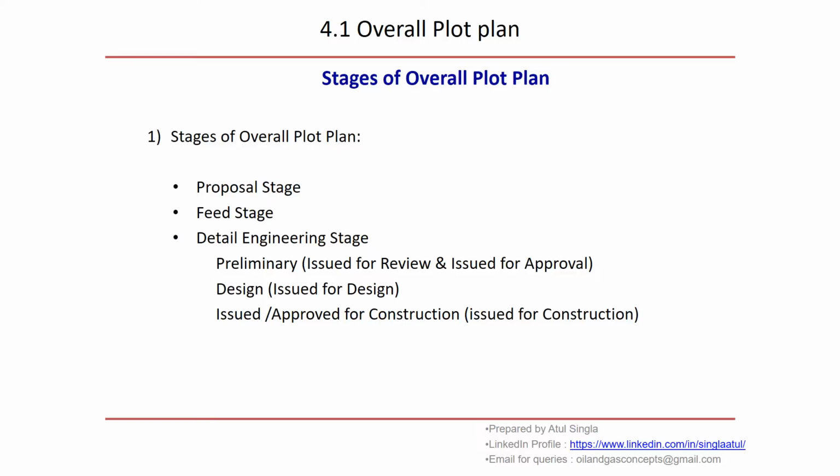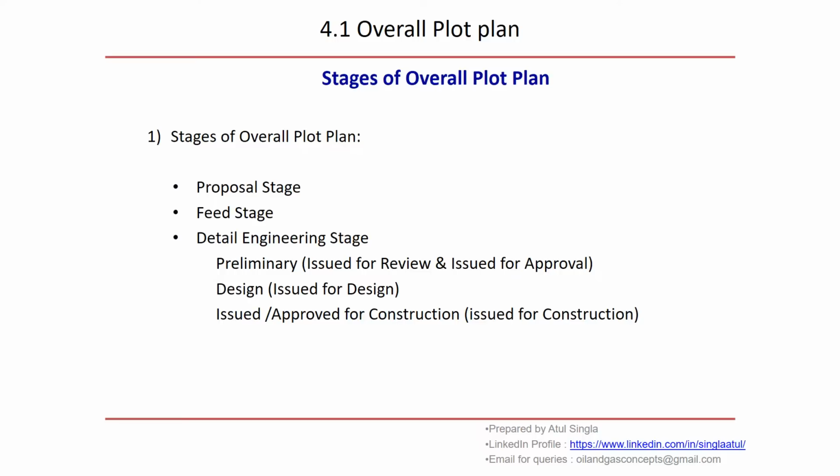Okay, based on process data and mechanical data, the preliminary plot plan is developed and that is shared with client and PMC for their review and approval. Once the approval is received, then only further design activities are carried out.